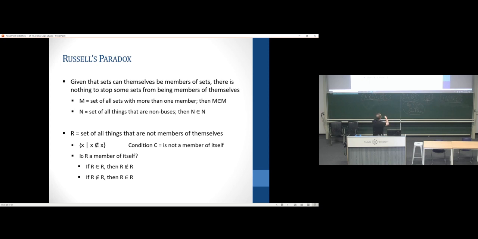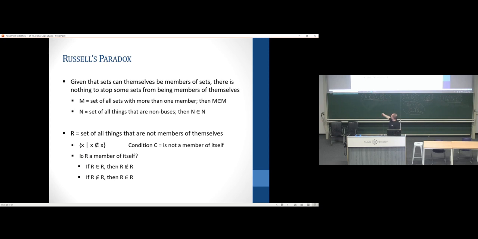Right? So for example, if we have set M be the set of all sets with more than one member, it looks like M should be a member of itself. Similarly, if N is the set of all things that are non-buses, then it looks like N should be a member of itself. It's a set. Sets aren't buses. Buses aren't sets. Cool. Done.